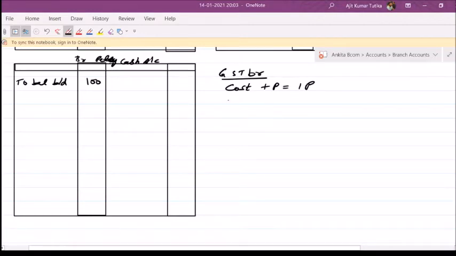The cost is 34,000, and the profit should be half of 34,000, which is 17,000. So it is 51,000.